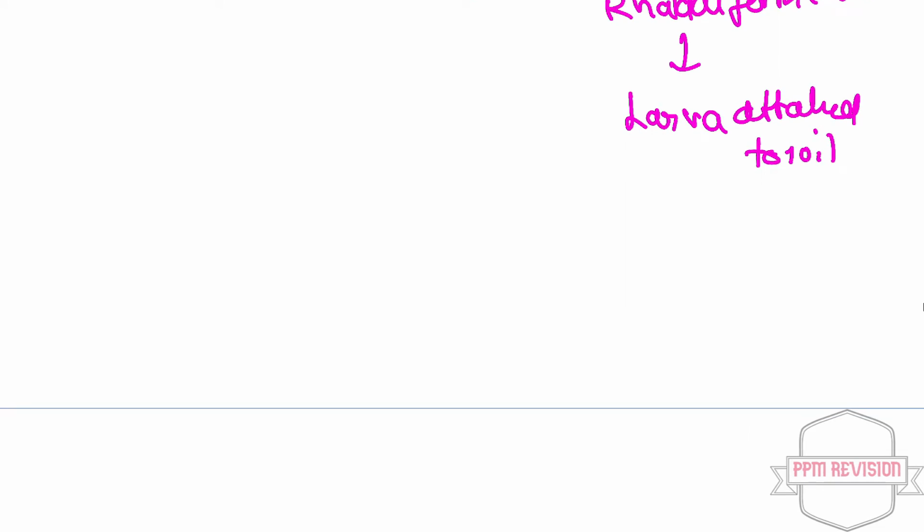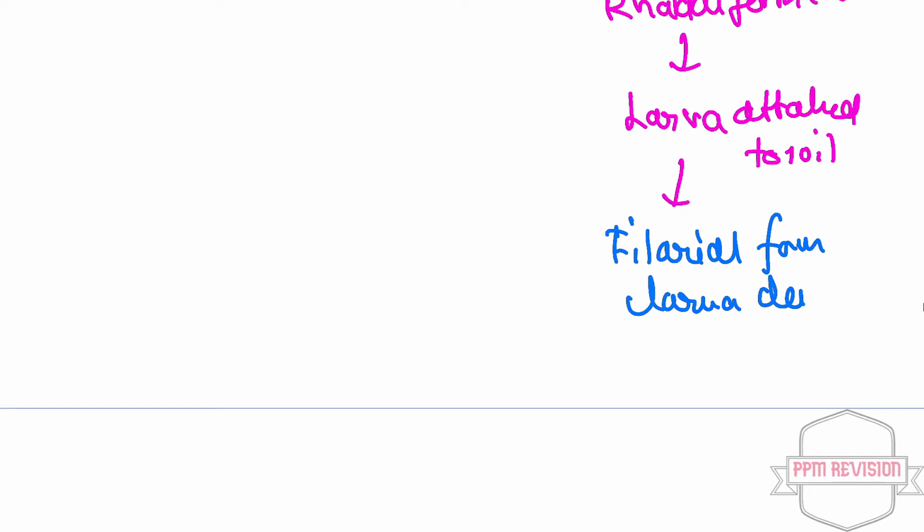Next, the filariform larva develops, and what this does is penetrate skin.